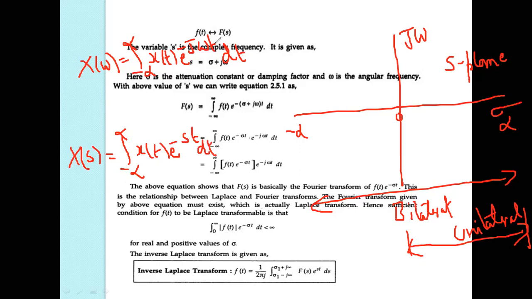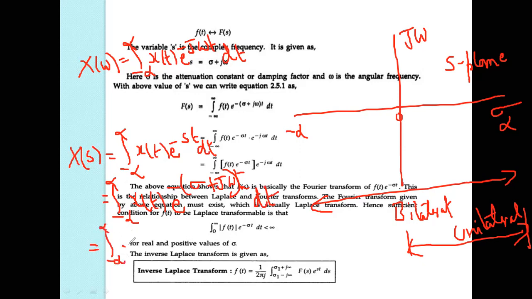So what is the s here? The j omega one. But saying that s has the s plane with a real term and an imaginary term, you can substitute here: the integral from minus infinity to infinity of x of t e power minus, sigma plus j omega, t dt. I substituted s is equal to sigma plus j omega.